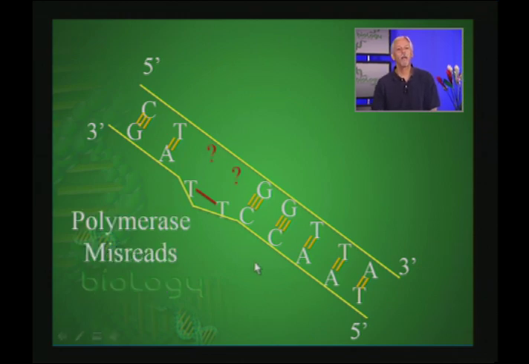But also, in the case of polymerase misreads, if you have a thymine dimer here, and then polymerase is trying to build a complementary strand, it may not know what it's supposed to put here. It may not recognize that it's thymine and should put adenine there. So it may insert the inappropriate nucleotides, it may skip nucleotides, it may put in additional nucleotides as a result of that. So this is, again, the problem of polymerase misreads.